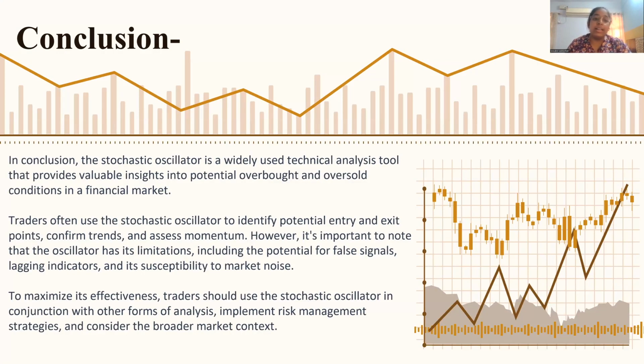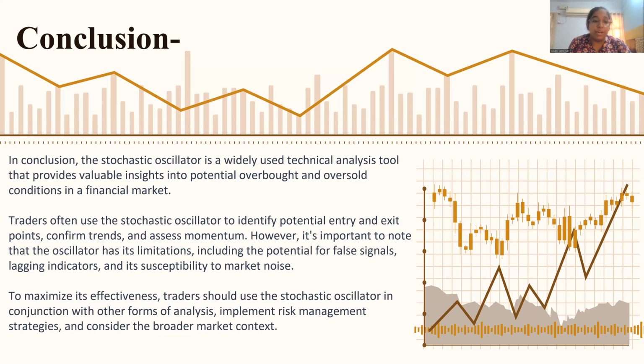Conclusion. In conclusion, I would like to say that the stochastic oscillator is a widely used analysis tool which can provide valuable insight into potential overbought and oversold conditions. Traders often use the stochastic oscillator to identify potential entry and exit points for themselves. They confirm the trend and assess the momentum.